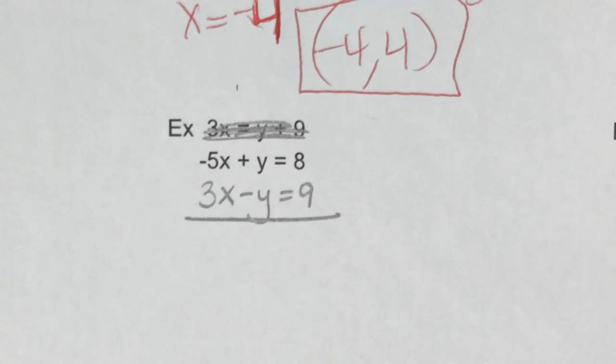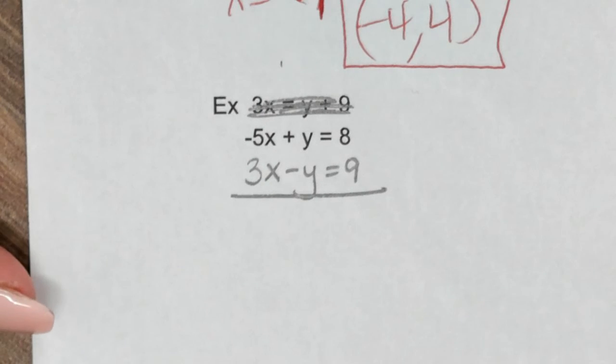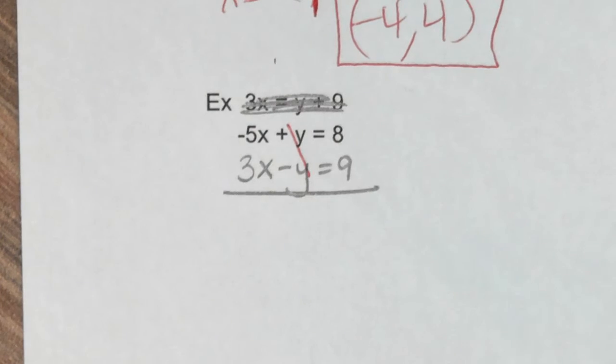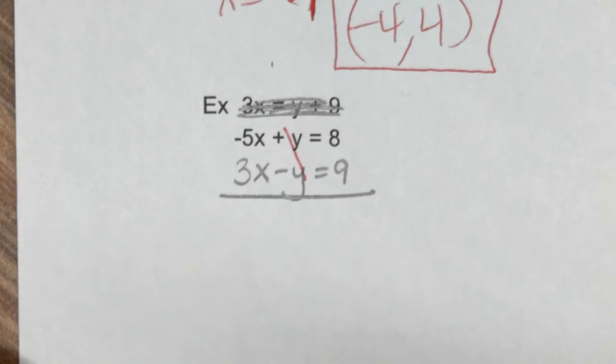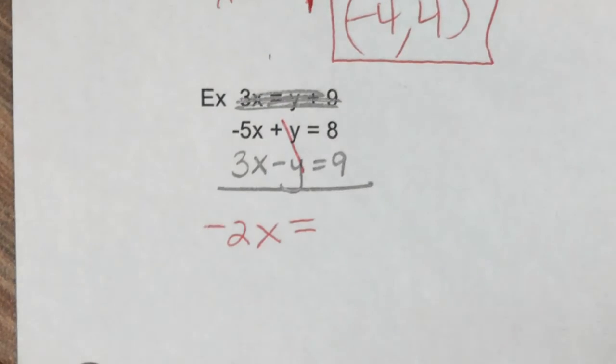Make sure you rearrange them correctly. Are we all good so far? Okay, what's going to cancel out? What's negative 5 plus 3x? And what's 8 plus 9?